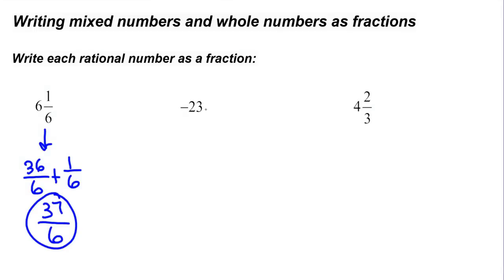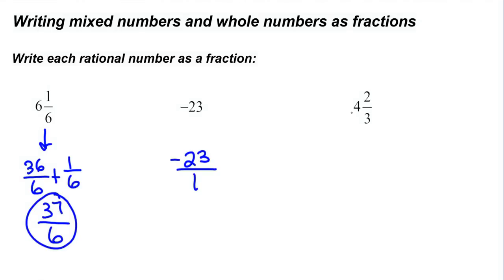So here is an integer, -23. How do you write -23 as a fraction? Well, you may know we can just put any whole number or integer over a denominator of 1 and that can be written as a fraction. So that shows us that -23 is a rational number. It can be written as a fraction. And then here again, we have another mixed number.